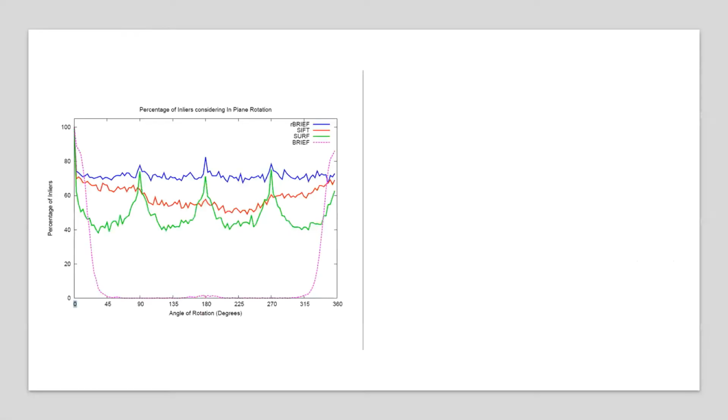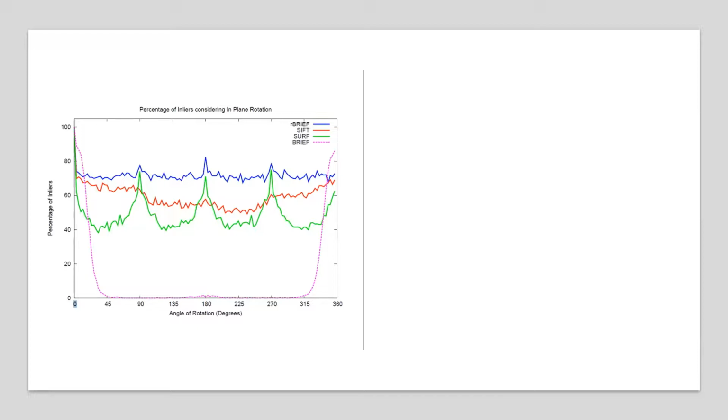Here we have a plot against the angle of rotation in degrees, considering a scenario where the angular difference between the image patches varies from 0 to 360 degrees. As we can see in the percentage of inliers, rBRIEF stands in first position, meaning it gives an accurate measurement of feature matching irrespective of the rotation.